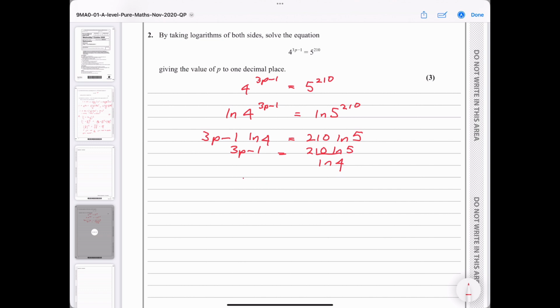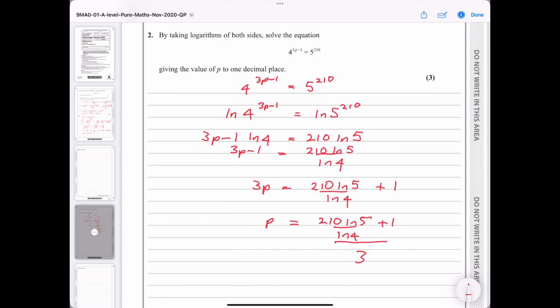And then we could add 1 on to both sides. So we get 3p equals 210 ln 5 over ln 4 plus 1. And then we can divide by 3. So p equals (210 ln 5 over ln 4 plus 1) all over 3.